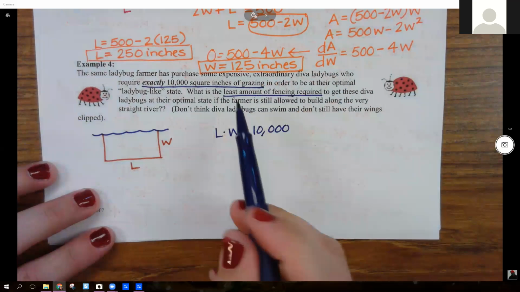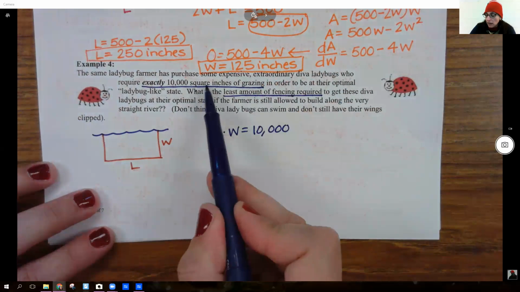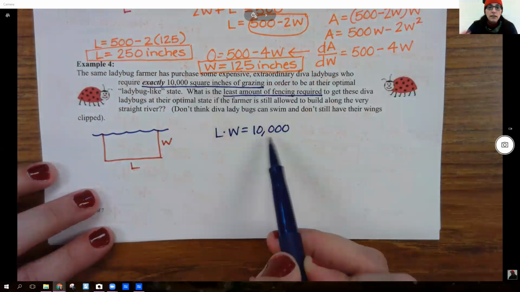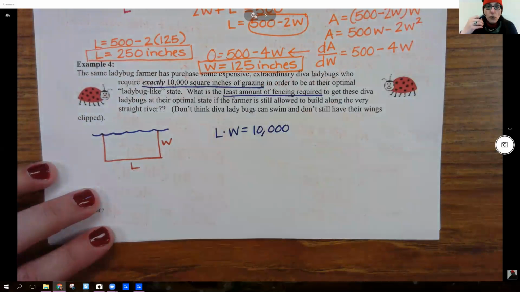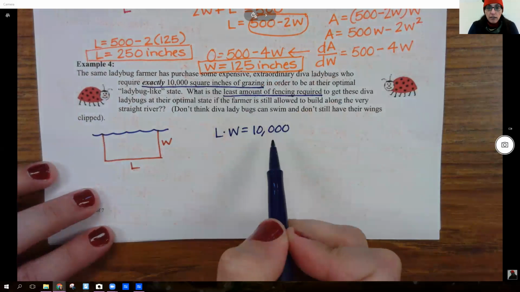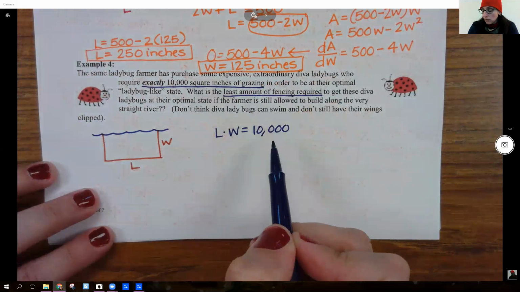So this time, square inches, right? That's the area. This time the area is set. Before, the area could be big, could be small. But now we have a set area that we have to stick to. Okay?